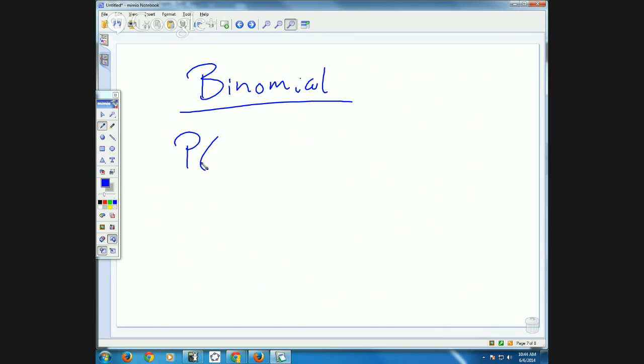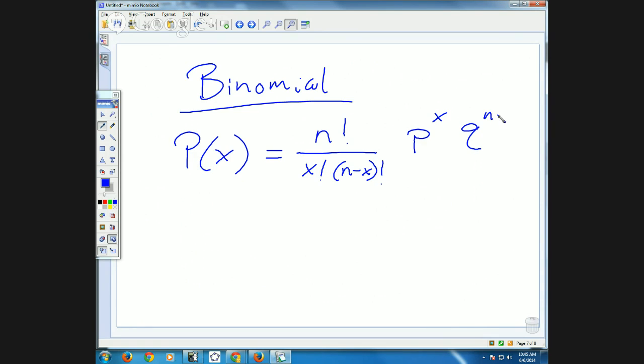So the probability of getting a particular one of those x's, you think it's n factorial, x factorial, parentheses n minus x factorial, okay. N minus x, yes, matching what I see down there.